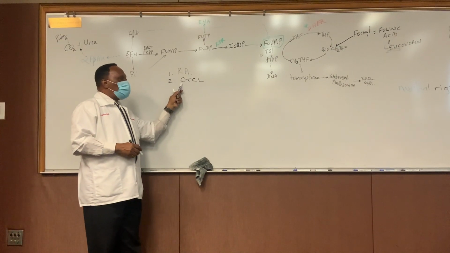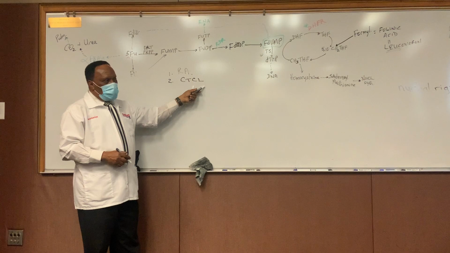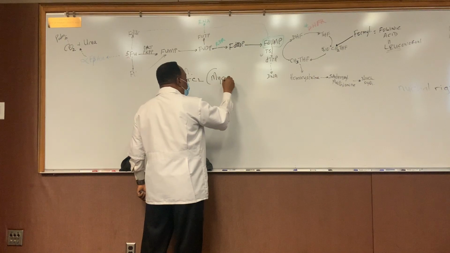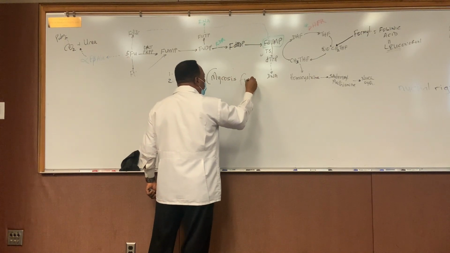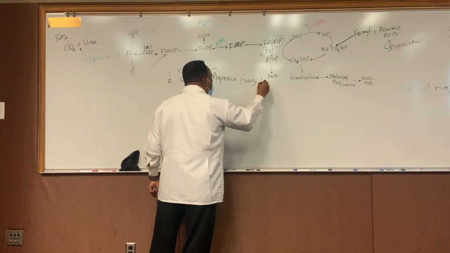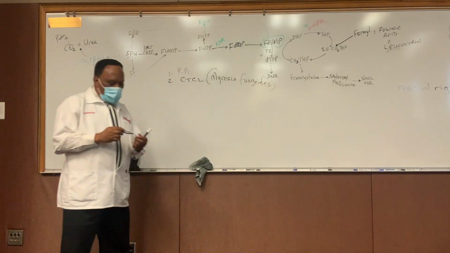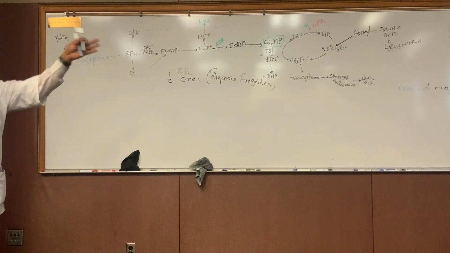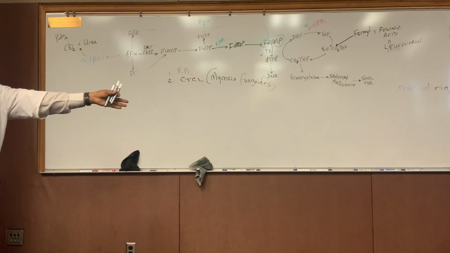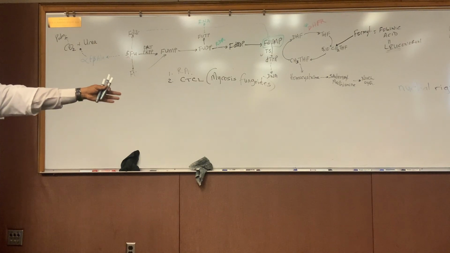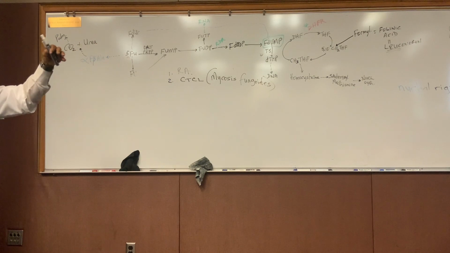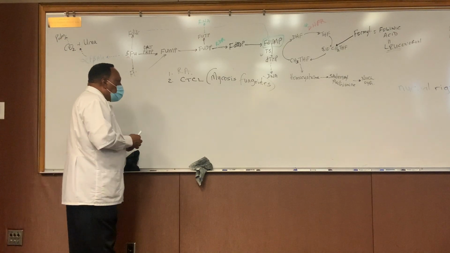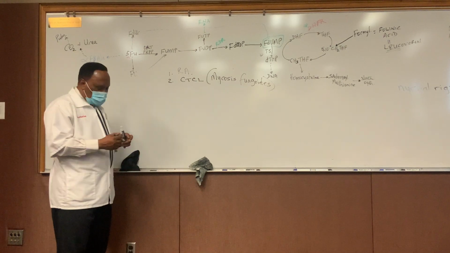CTCL is cutaneous T-cell lymphoma. And that's the one that is also called mycosis fungoides. Okay. Mycosis fungoides, CTCL. And we mentioned another drug that you can use for CTCL, pentostatin. Remember the one that would also be effective in hairy cell leukemia. So mycosis fungoides or CTCL.